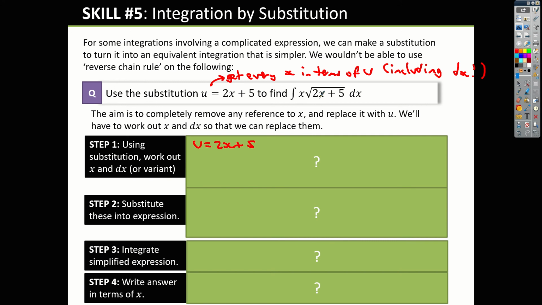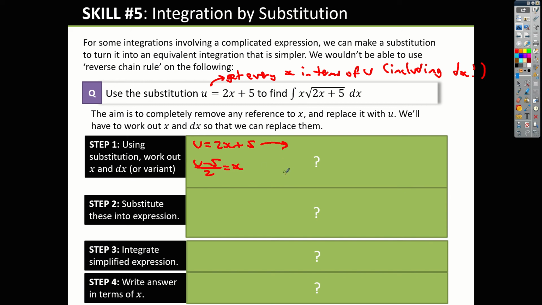Now, in my integrand up here, the 2x plus 5 is in here, and that's going to become u. The x, however, is something that I can use my substitution to write in terms of u. So by rearranging, (u minus 5) over 2 equals x. That's going to be useful when I rewrite this in a moment.